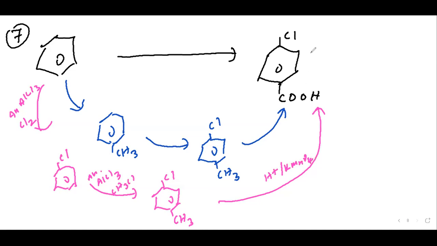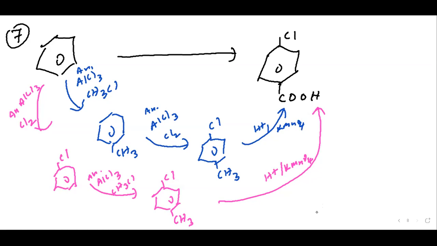For the other route, first AlCl3 and CH3Cl, then anhydrous AlCl3 and chlorine, then acidified KMnO4. Okay, but anyway, in both methods acidified KMnO4 should be added last.